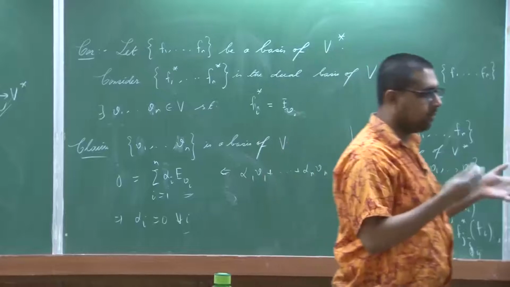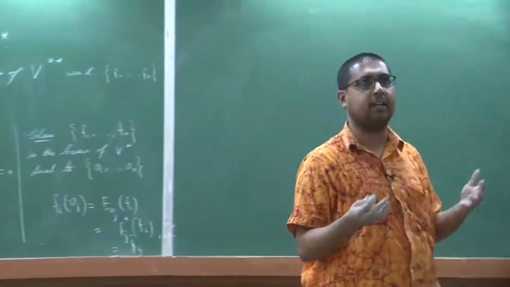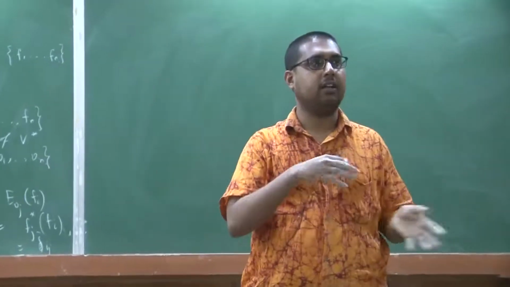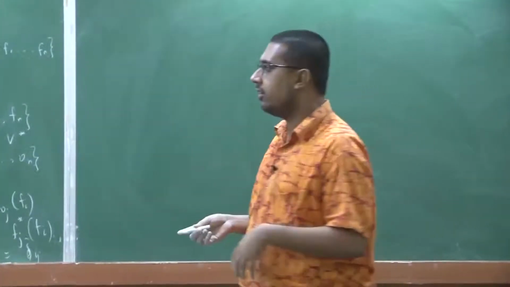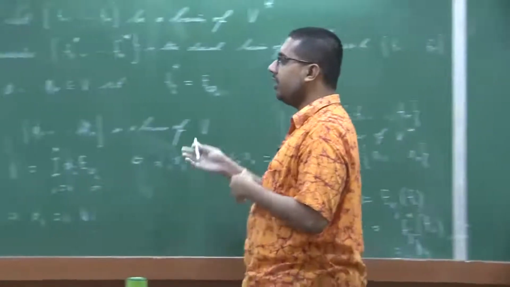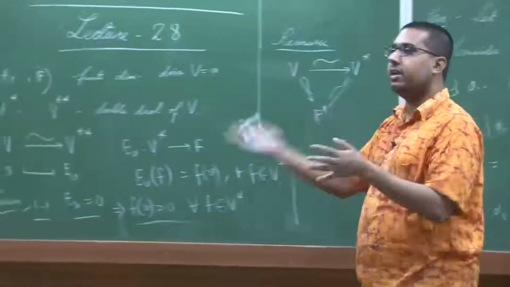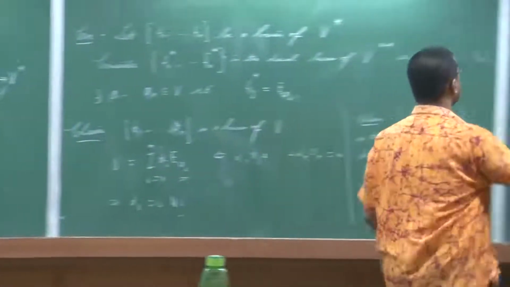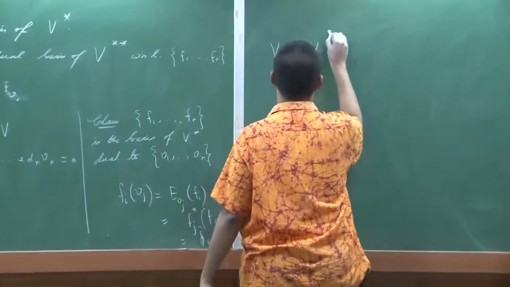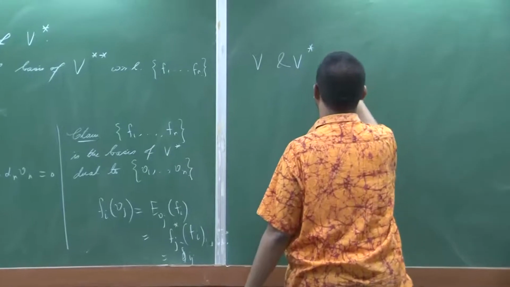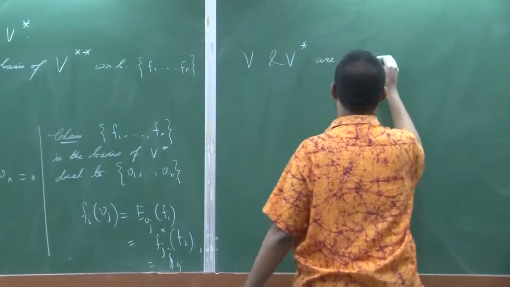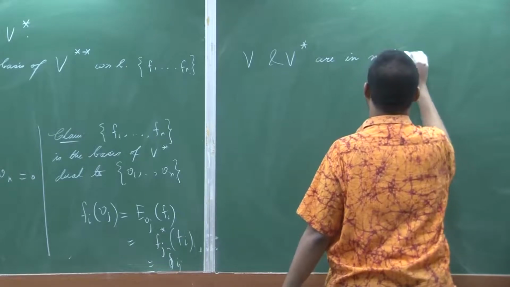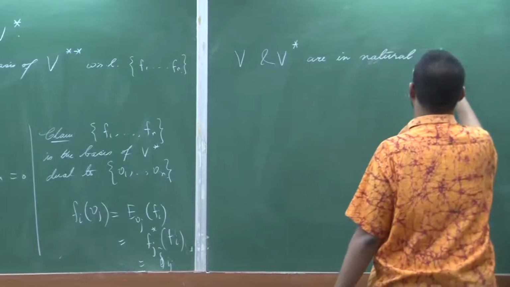So, it is natural to regard V and V star as being in natural duality with each other.